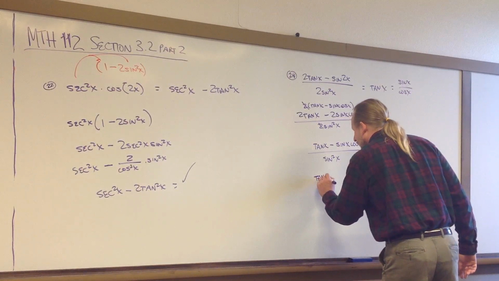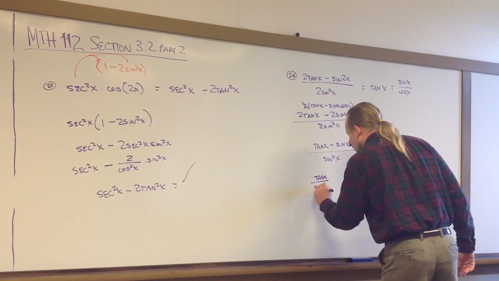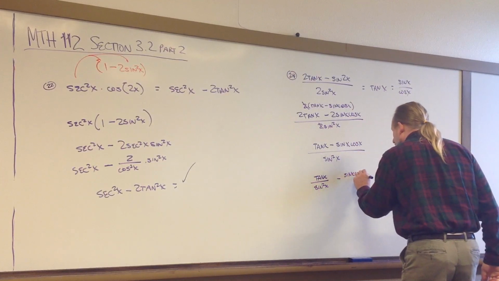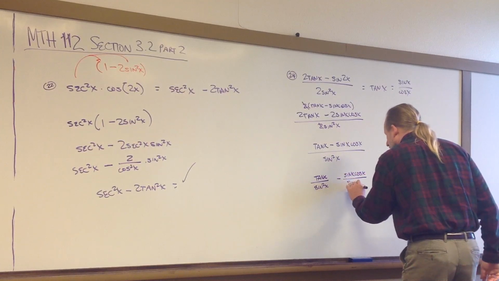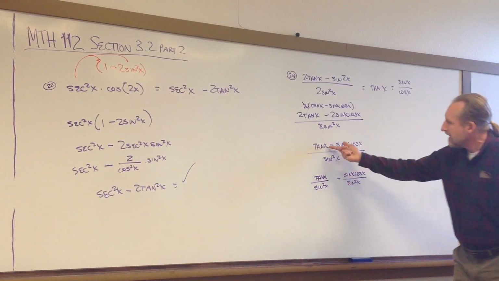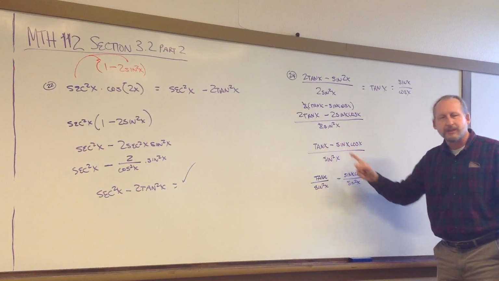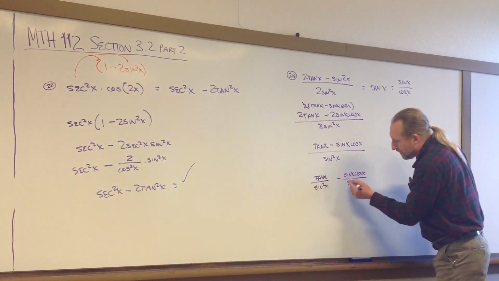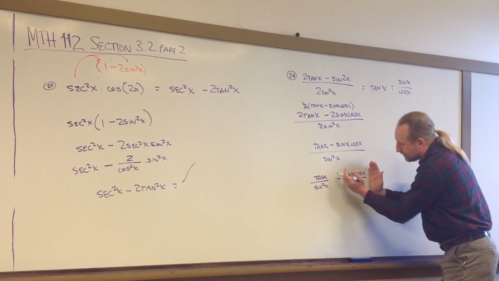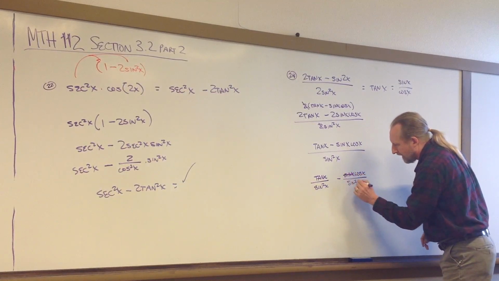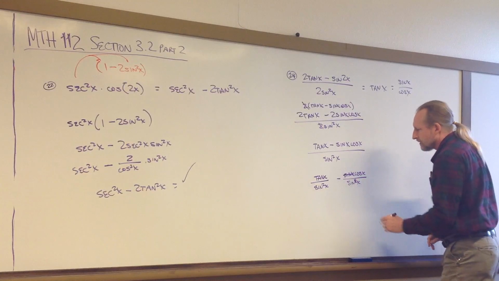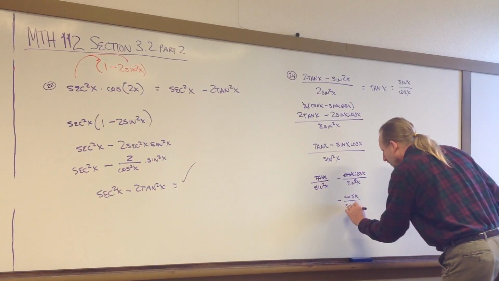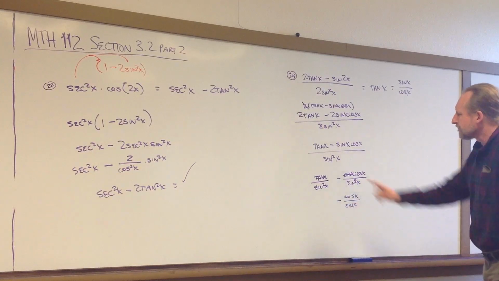I'm going to split this fraction: tan x over sine squared x minus sine x cosine x over sine squared x. See, here I can't cancel those sines because of this subtraction. But when I separate the problem, now I don't have the subtraction in this piece of the fraction anymore, so I can cancel that with one of these, and this will be cosine x over sine x.